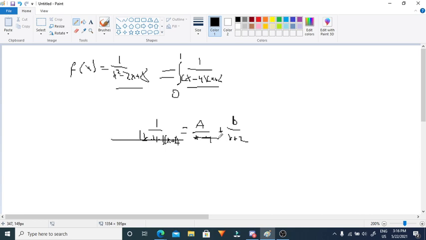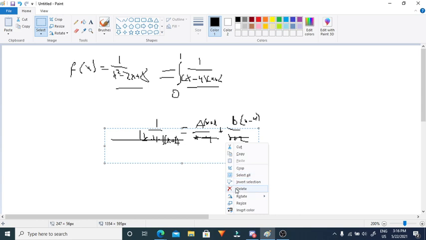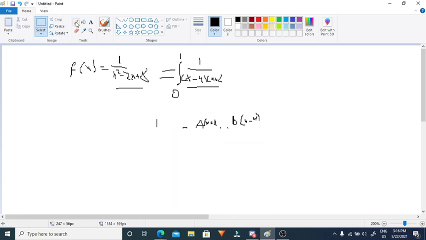And then this is going to cancel, and it's going to be a times x plus 2. And this is going to cancel, and it's going to be b times x minus 4. So a times x plus 2 plus b times x minus 4 is going to equal 1.